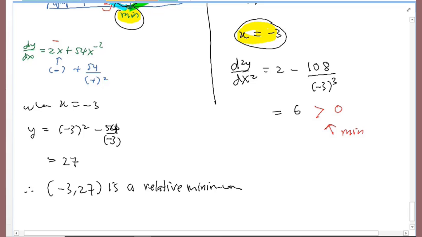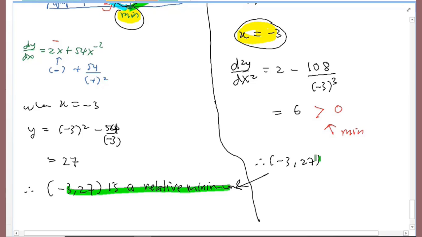So when d2y/dx squared is more than 0, it is a minimum. If less than 0, maximum. So, this point, therefore it's a minimum. The conclusion is the same. This one uses the second derivative, and the other used the first derivative.